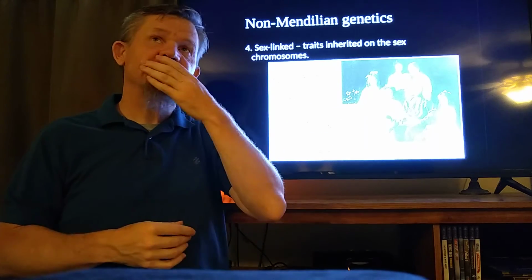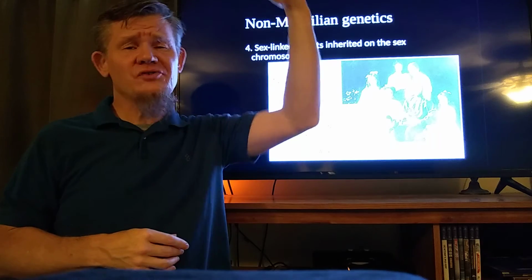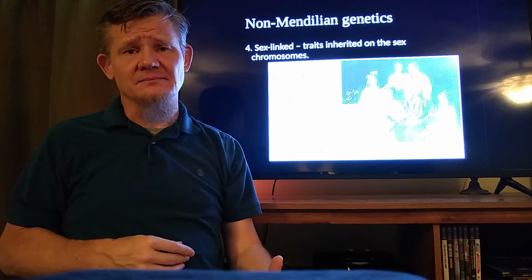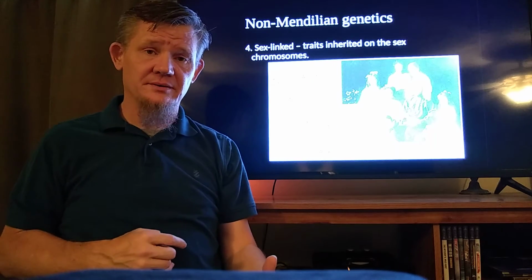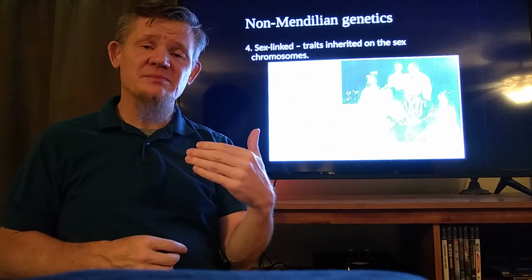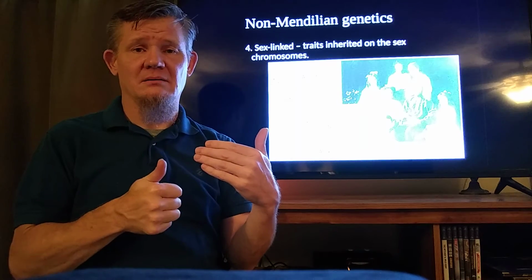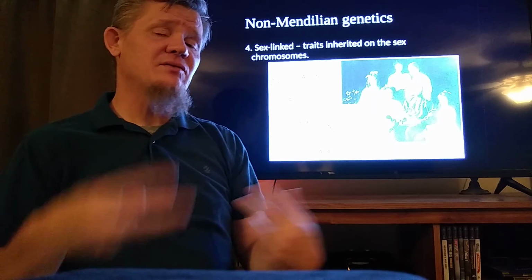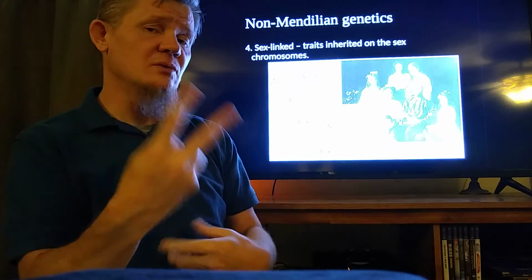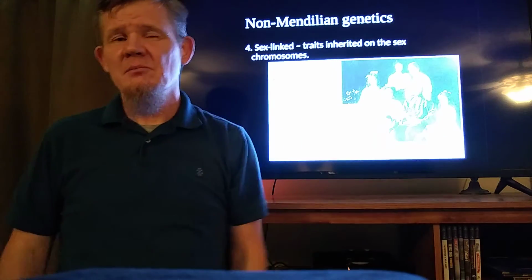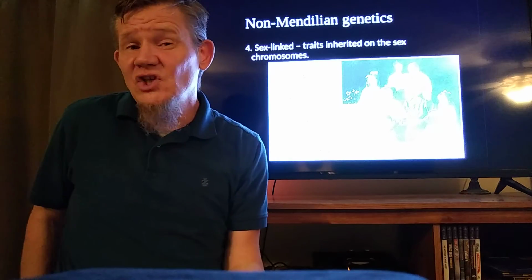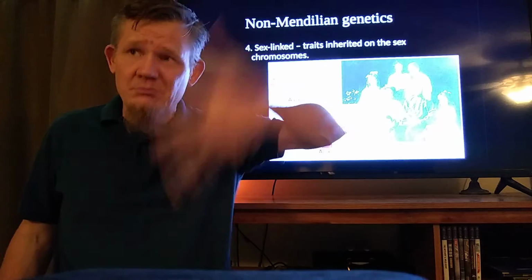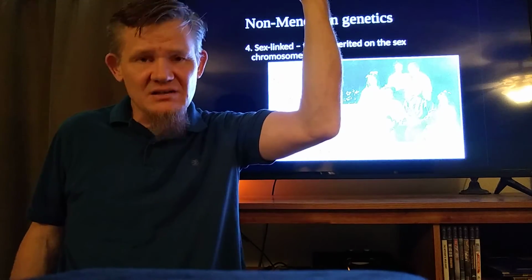And that is that for almost all of the genes on that X that I get from my mother, I don't have a corresponding mate on the Y. Which means most of the time, to show the recessive trait, I have to have 2 copies of the recessive gene. One I got from mom and one I got from dad. But what if I only get 1 copy of that gene, as is the case for most of the 2,500 genes on the X?